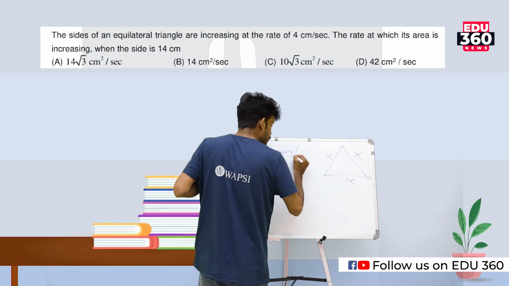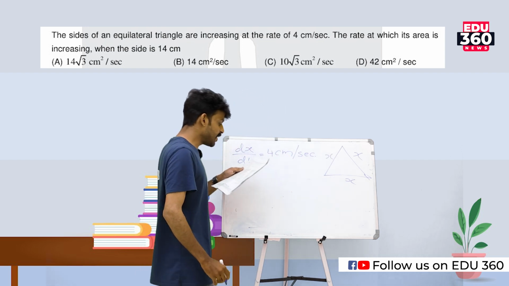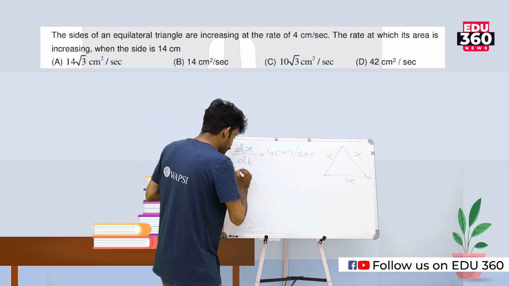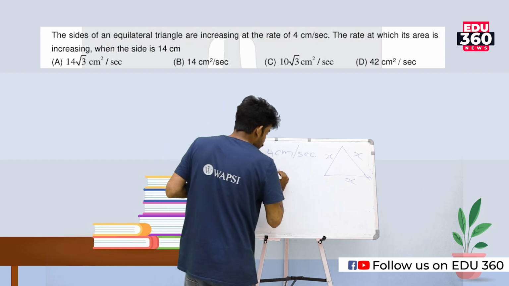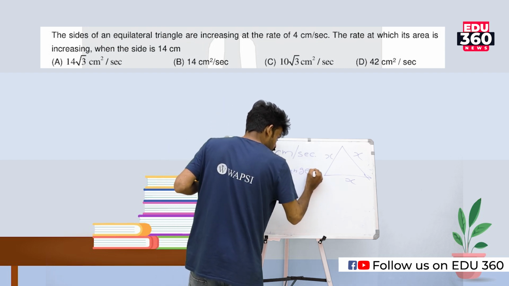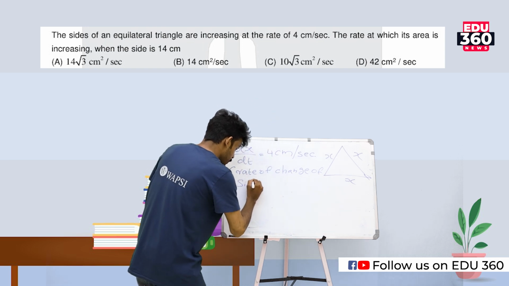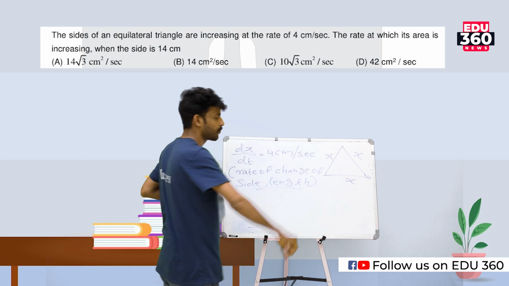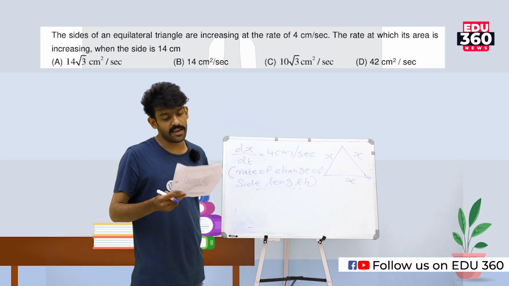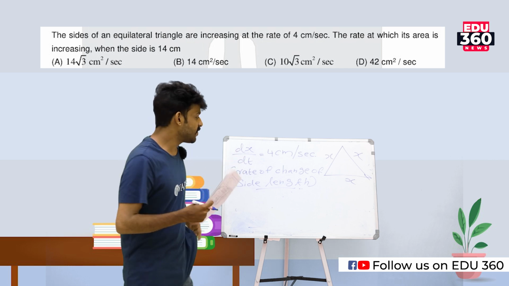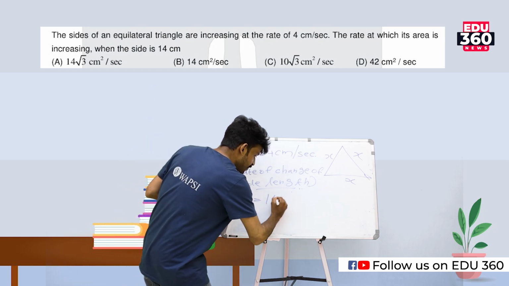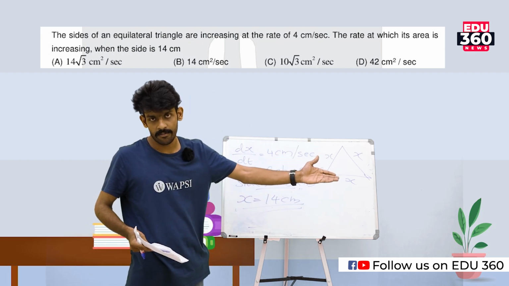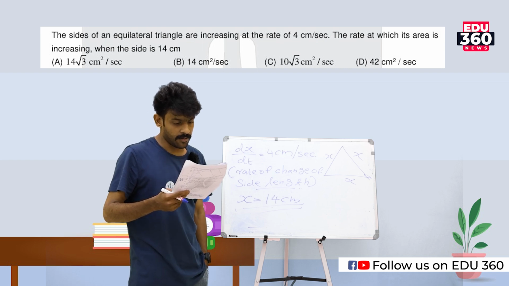That means the rate of change of side length, dx by dt, is equal to 4 centimeter per second, and also it's given that x is equal to 14 centimeter. What is x? X means the length of one side. Okay, x is equal to 14 centimeter.